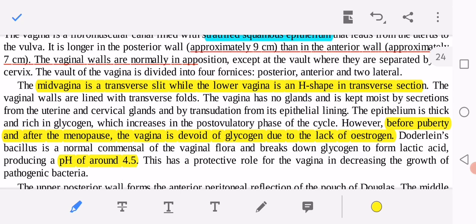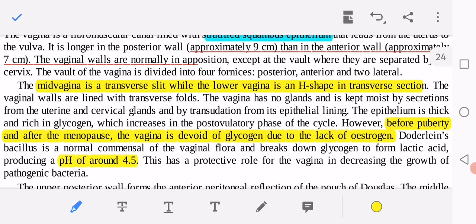The pH is around 4.5. When we talk about different vaginal discharges and vaginal infections, they cause an increase in the pH, mostly more than 4.5 in case of bacterial vaginosis and other infections. So normal pH is around 4.5, but even less than 4.5.